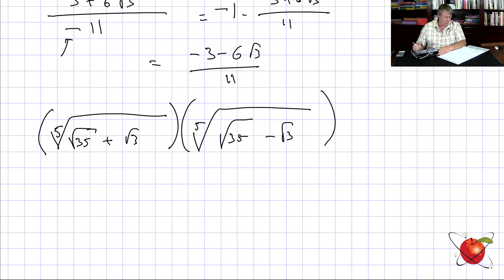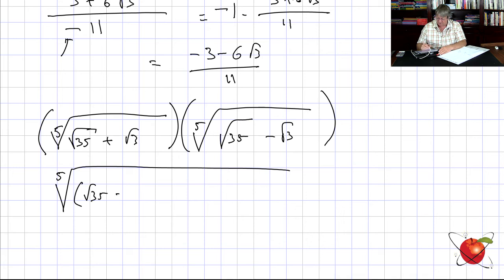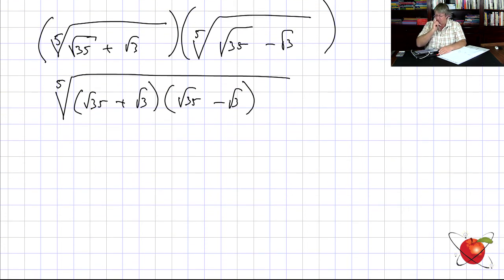Okay, what do we do with this lot? Well, in essence, that is the same as the fifth root of root 35 plus root 3 times root 35 minus root 3 on the inside, isn't it? All I've done is combine them because they're both fifth roots.